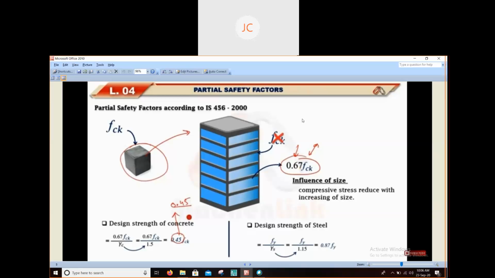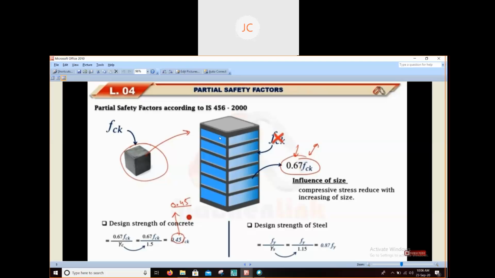That 20 means if you construct a cube of 150 millimeter size, that means 15 centimeter by 15 centimeter by 15 centimeter, and you keep this cube for 28 days, and after 28 days you check the strength of this concrete, in 95% cases you will find that our compressive strength is 20 Newton per millimeter square. That is our FCK value.